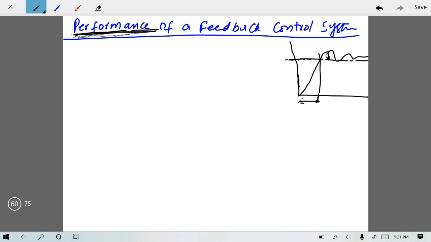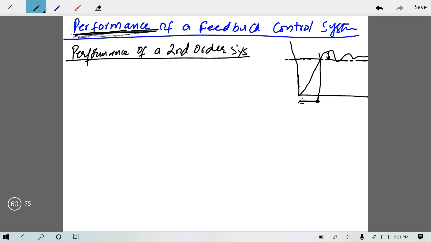So the performance that we will discuss would be the performance of a second order system. All the expressions that we will write today would be for a second order system, the performance criteria for a second order system.